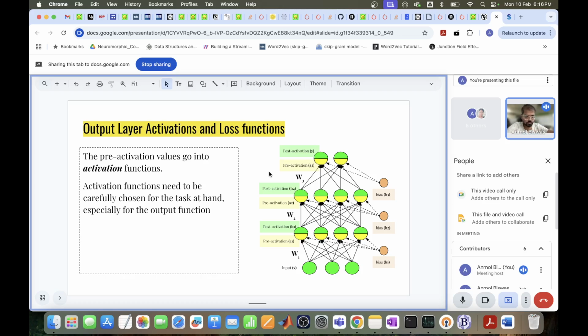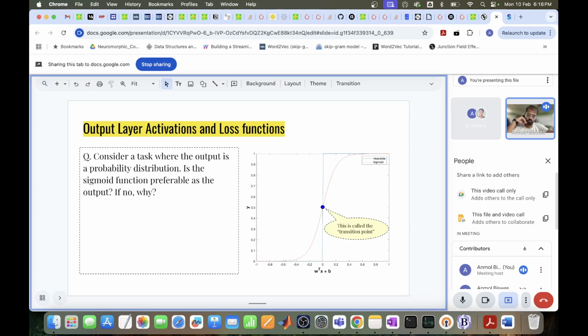The choice of activation functions has to be done carefully based on the kind of output that you want, especially for the final layer. So the activation function for the final layer has to be chosen carefully based on what you want the network to actually output. So we'll consider some activation functions.